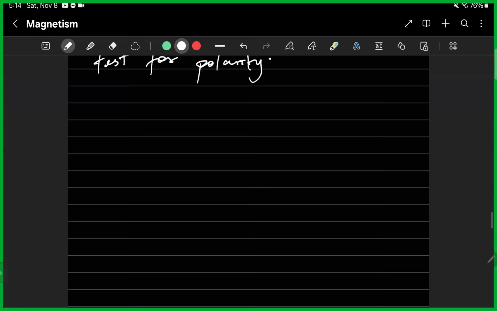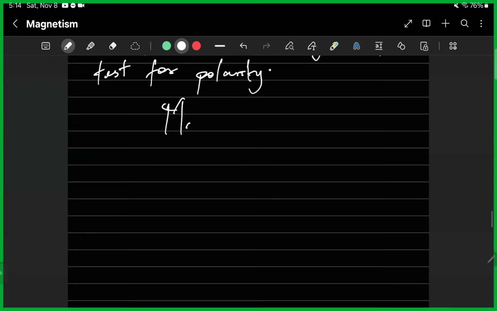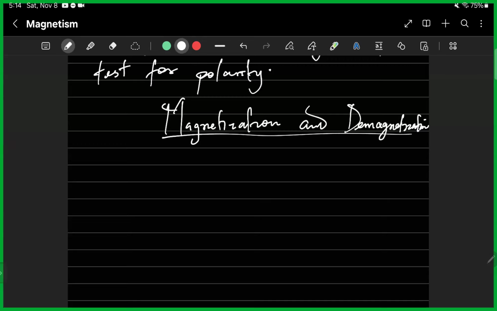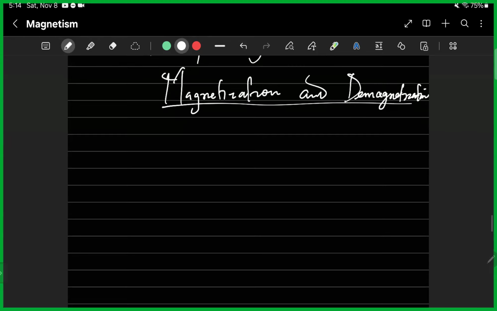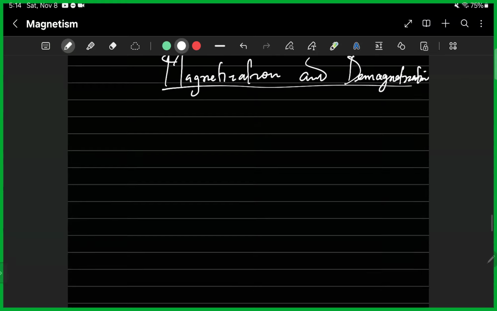So let me go to the next subtopic: magnetization and demagnetization. Let me start from magnetization.